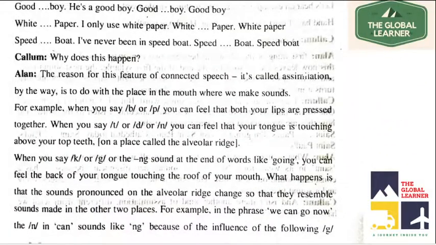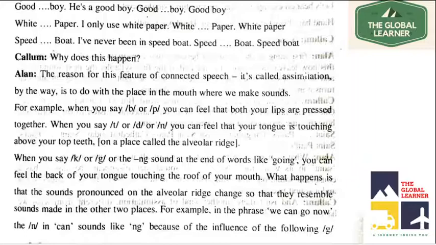Well, this feature of connected speech is called assimilation. And what's happening is that when we speak fairly fast and fluently, our lips and our tongue are getting into the correct position for the next sound before we've really finished saying the sound before.